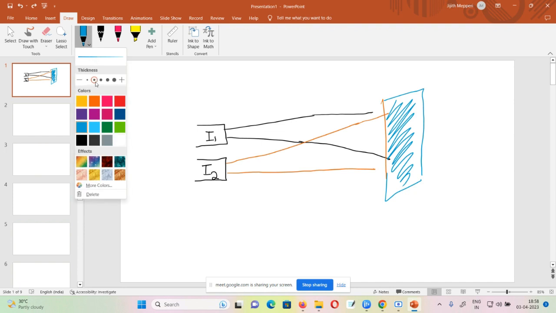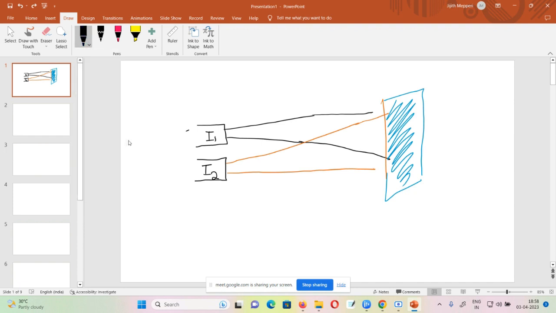We are seeing only the intensity part. So it will have a complex amplitude E1, and another complex amplitude part E2. It's a vector quantity.